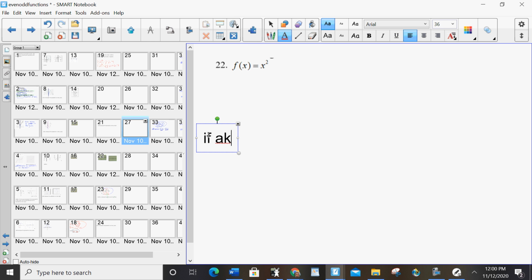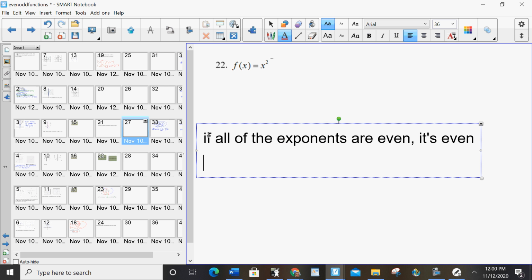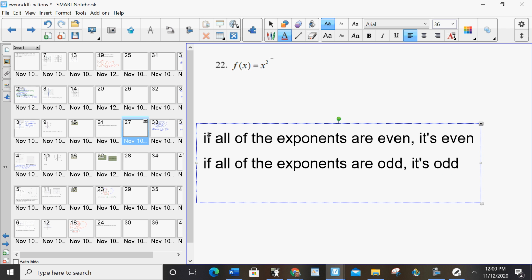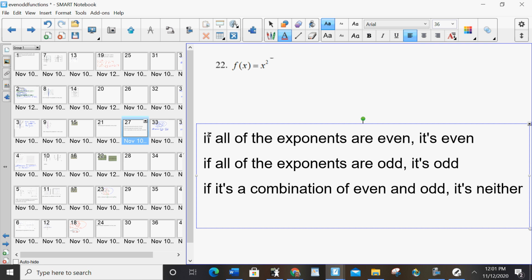If all of the exponents are even, it's even. If all of the exponents are odd, it's odd. If it's a combination of even and odd, it's neither. Now the twists.